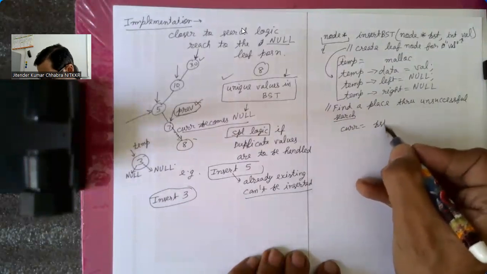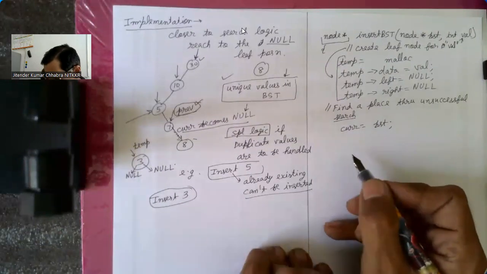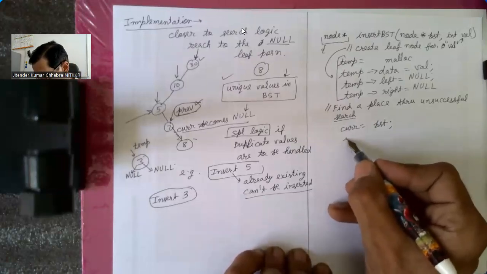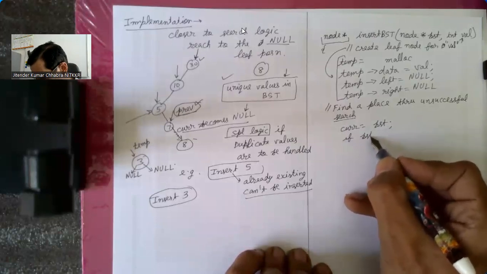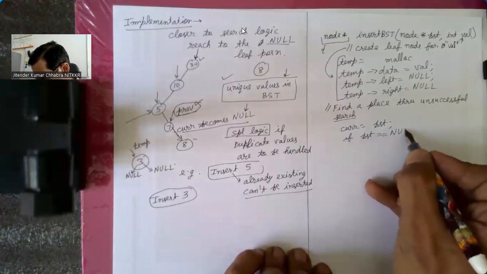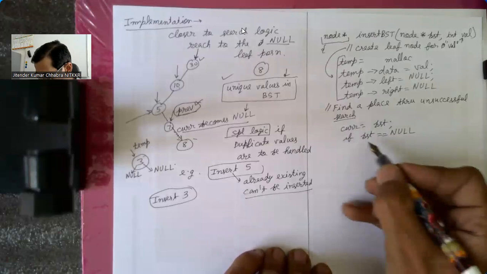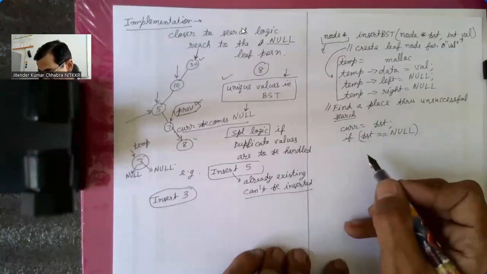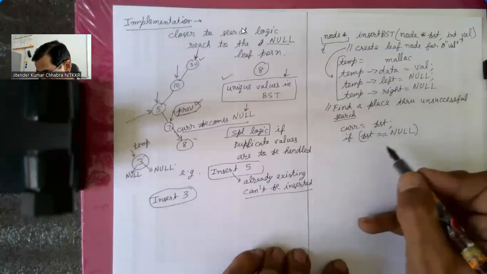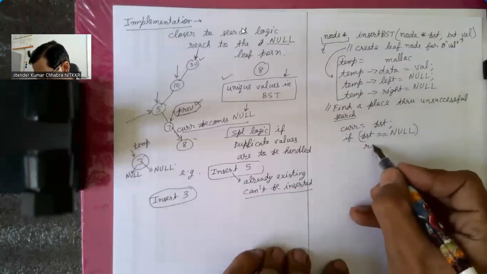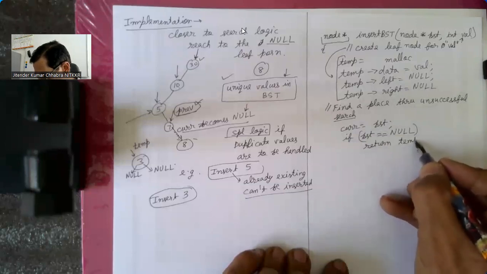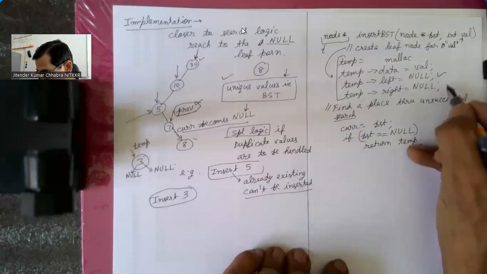So I will say current equal to BST and accordingly go. Take the special case first: if BST is null, it means the first node is being created. So temp will become the BST, and I can directly say return temp, because that will become the BST, and it has the children already as null.